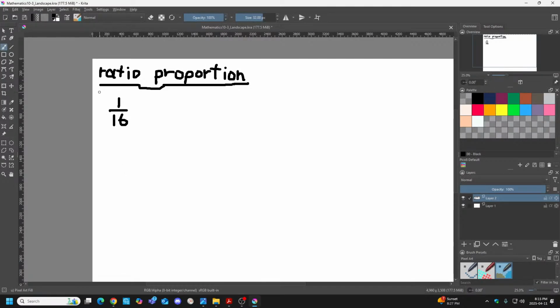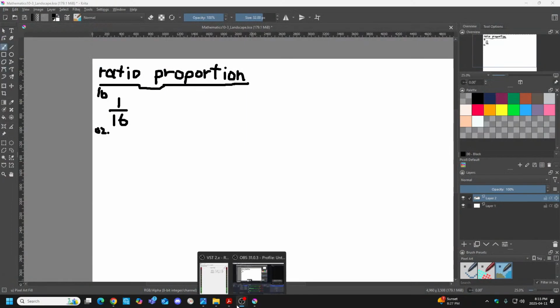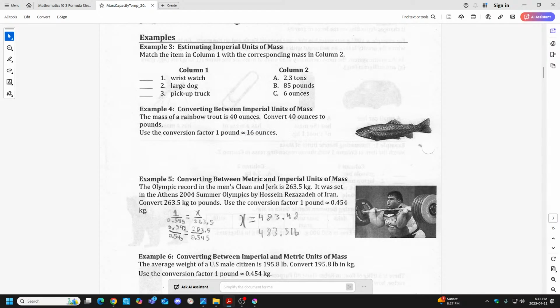Remember that. So pound is on top. You have to be consistent. And OZ is on the bottom. Okay? Just remember that. All right? Pound is on top. Ounces on the bottom. So now we have to make sure it matches, right?